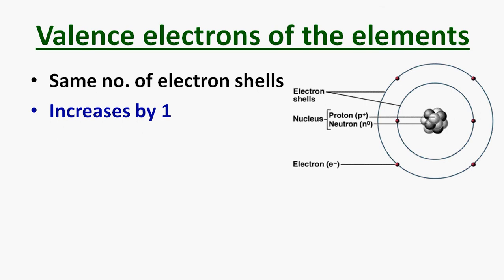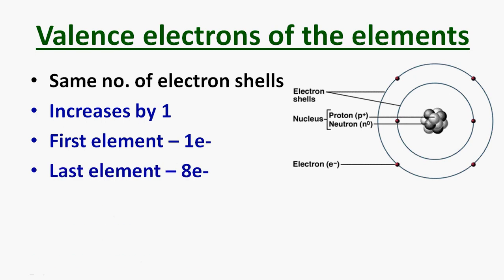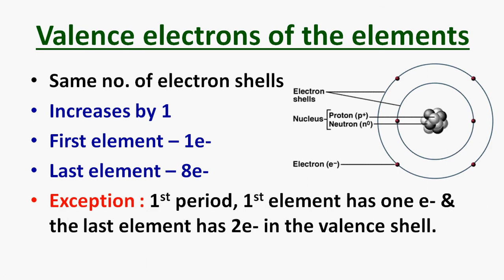Okay, so the electrons in the valence shell are increased by 1 across the period. That is, the first element is having 1 electron in its valence shell, and the last element in the same period will have 8 electrons. But we know that exceptions are always there. So in the first period, what is the exception?